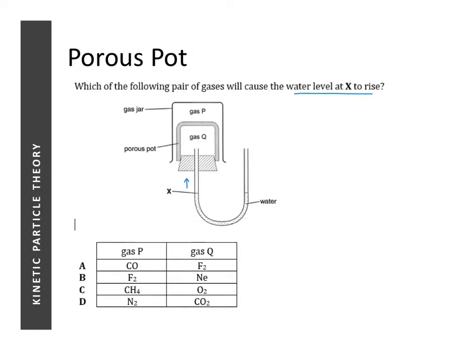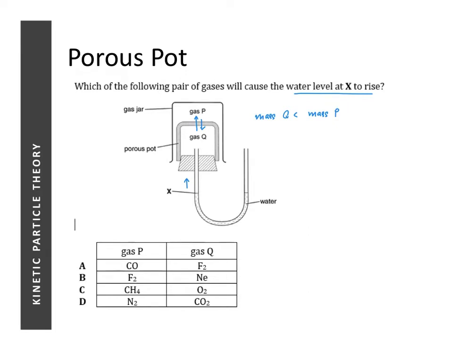So for that to happen, Q must diffuse out faster than P diffusing in. And for that to happen, the mass of Q must be less than the mass of P. So right now, let's analyze the masses of the different options and see which one satisfies this criteria.